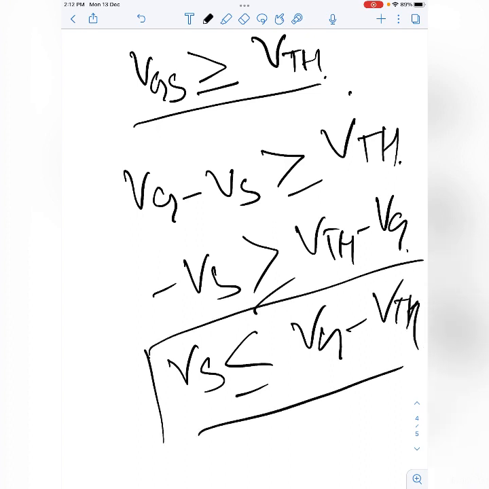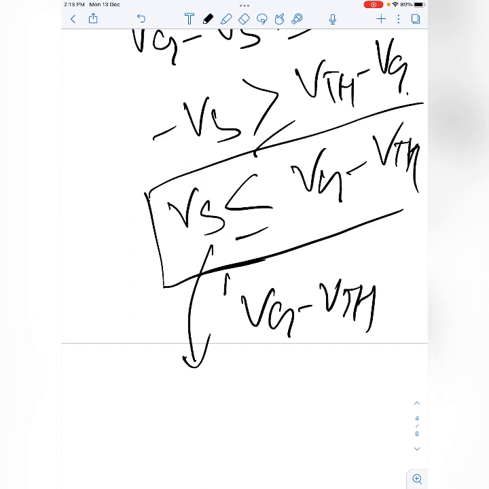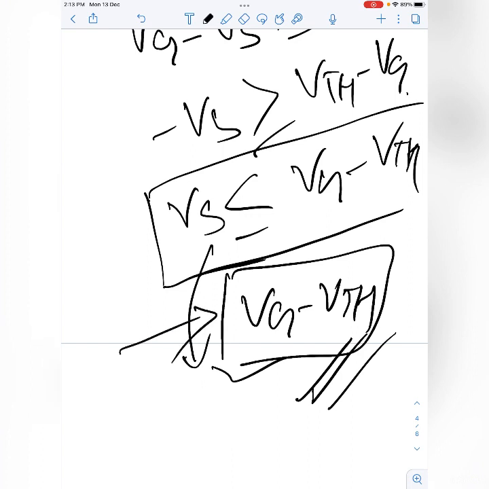So this shows that the source voltage is always less than or equal to VG minus VTH. It can't be greater than this. This is the maximum value which we can get while charging the source of this NMOS.